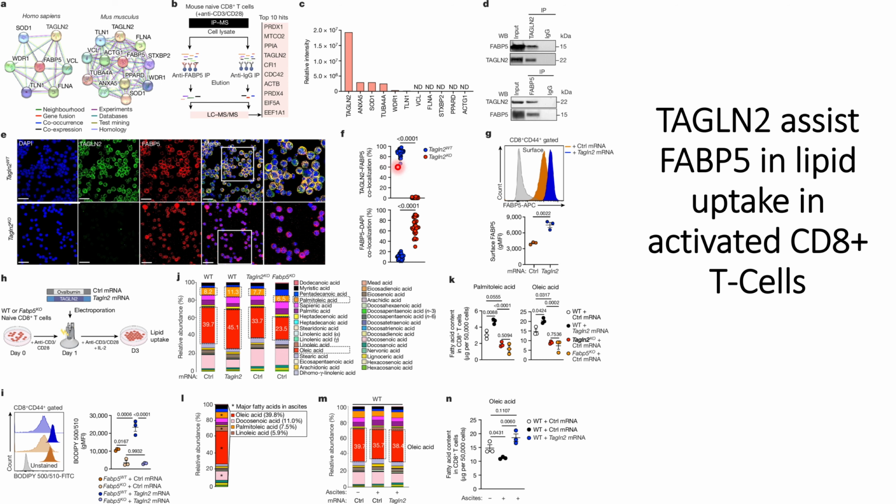These are quantified in panel F, the first figure, where we can see that TAGLN2 and FABP5 co-localization is 100% in the wild type cells, whereas in the knockout cells, they do not see any co-localization of TAGLN2 and FABP5 proteins.